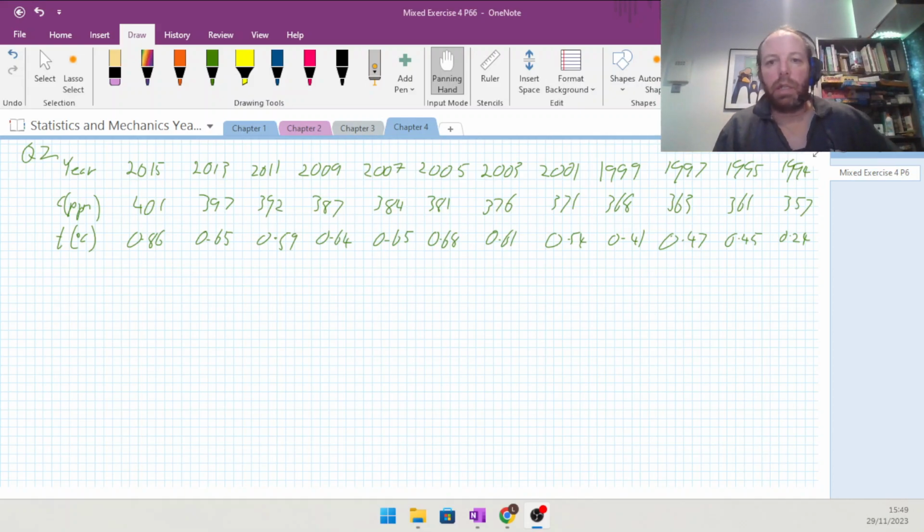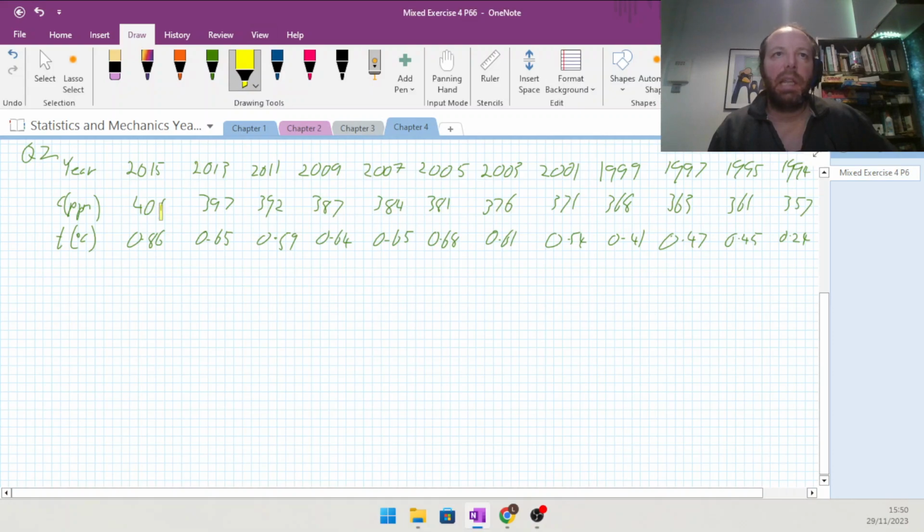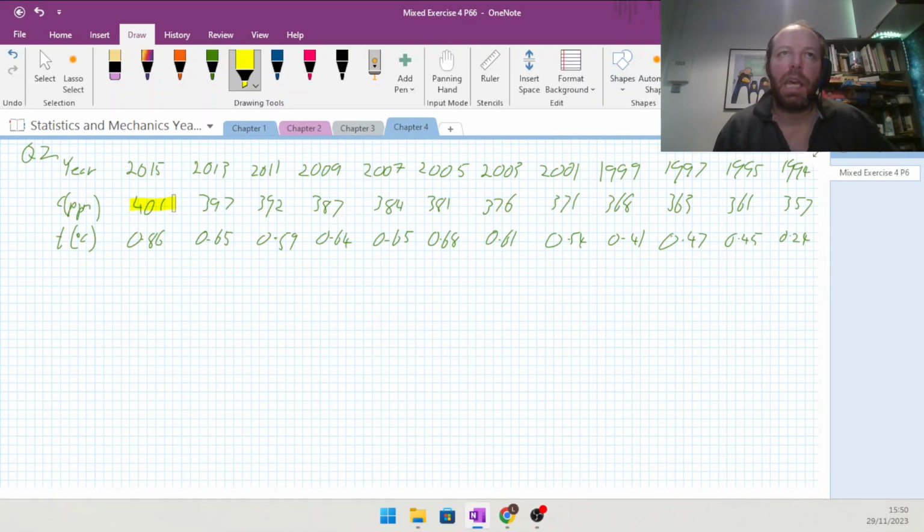So we are going to have a scatter diagram of C against T, okay, and just having a look at that and the values. 400, that's the biggest one there, okay, and the smallest one, 357, there we go.